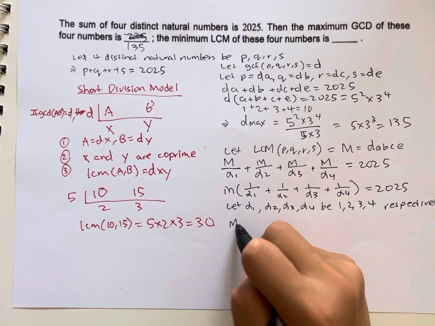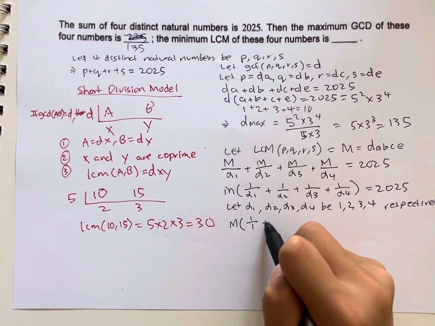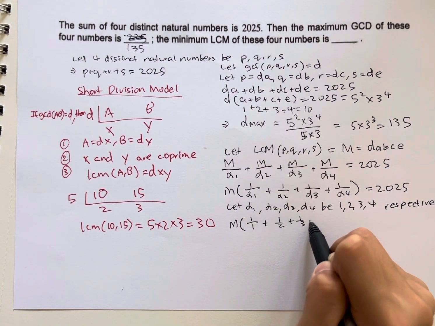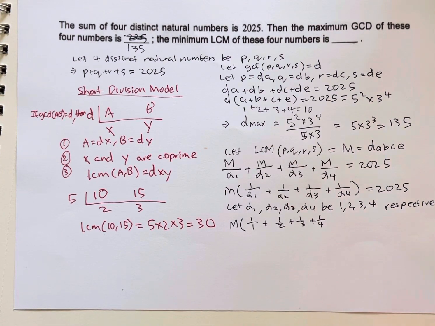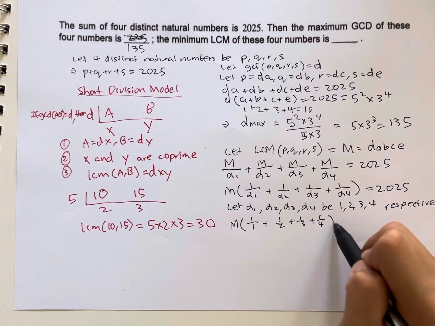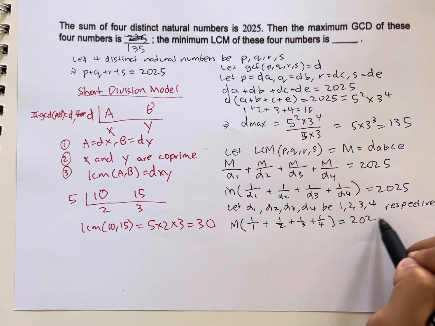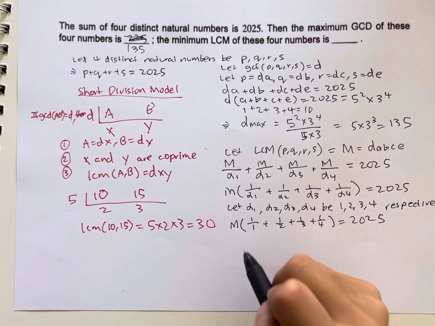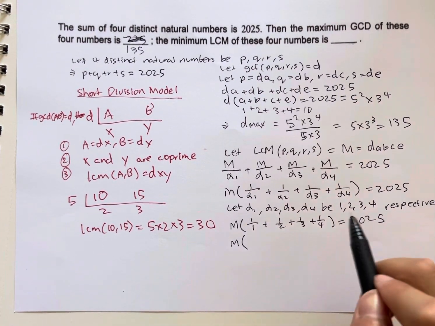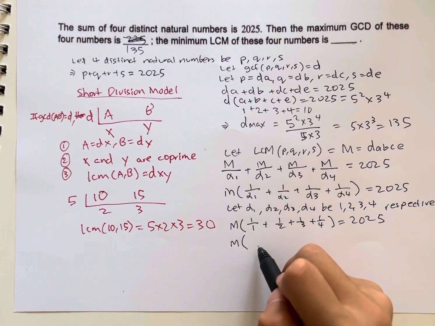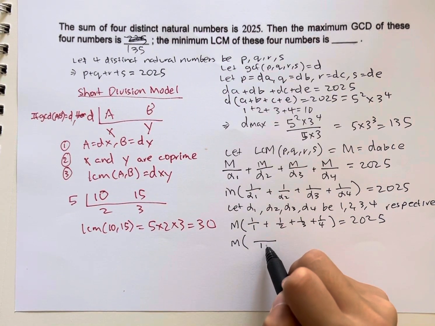So M times (1 over 1 plus 1 over 2 plus 1 over 3 plus 1 over 4). These are the largest possible fractions for this problem. To add fractions, you have to find the least common denominator, which will be 12.